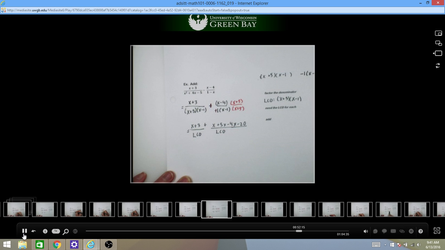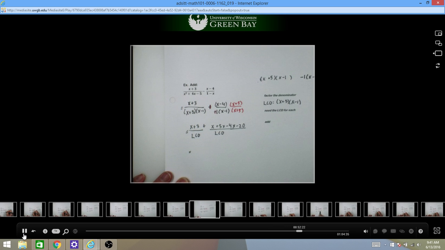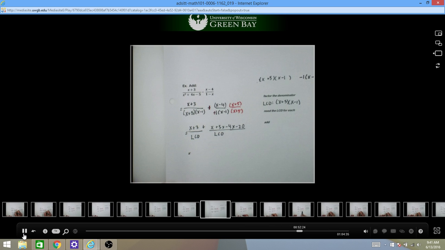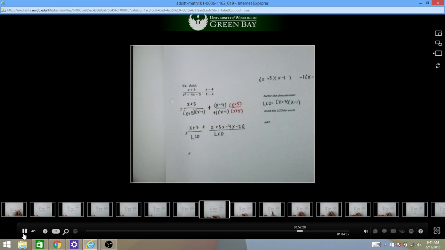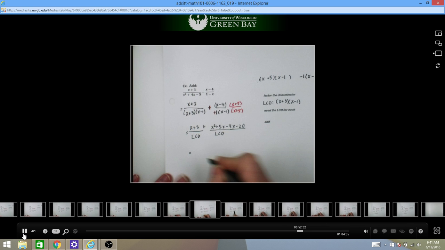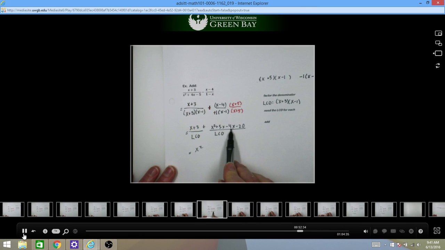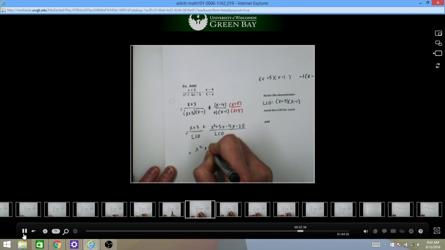So you can add all of that up. So when you add that all up, we have the x squared. 5x minus 4x is 1x, and then this x, so 2x. And then 3 minus 20 is negative 17.